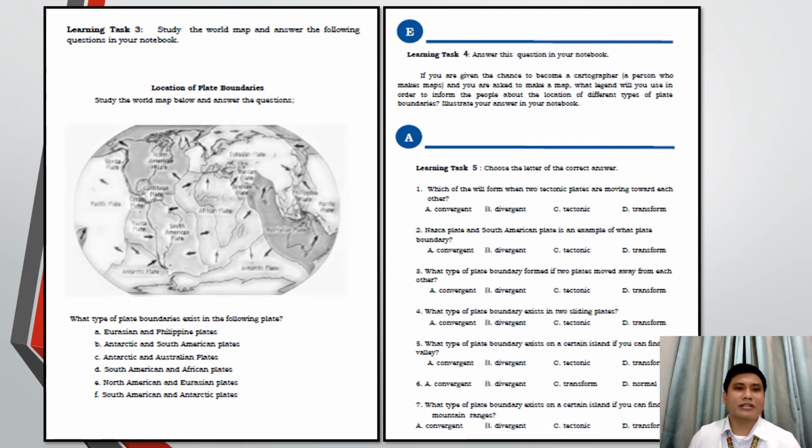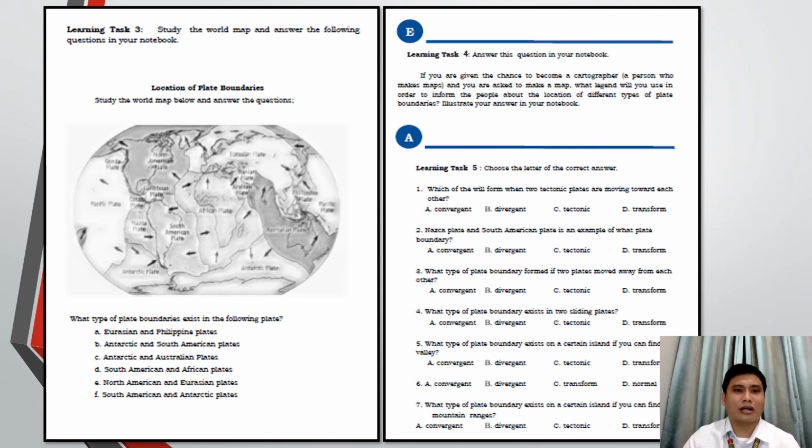For learning task number 3, I have mentioned this a while ago in the video. Your task is to study the world map and answer the following question on a separate sheet of paper, or you can also use bond paper. The question is, what type of plate boundaries exist in the following plates?